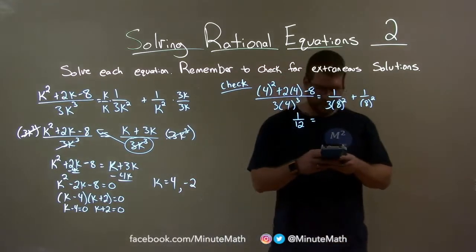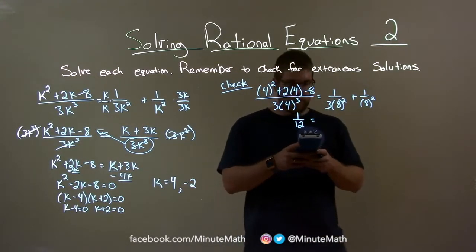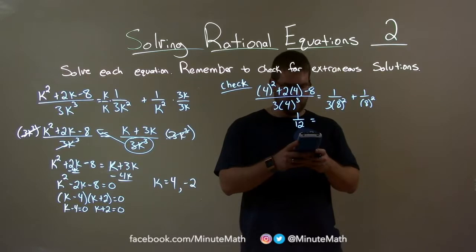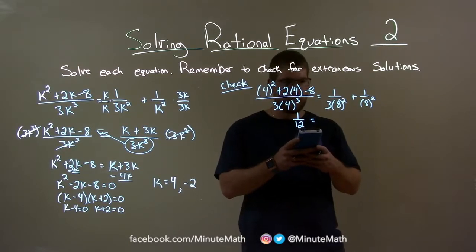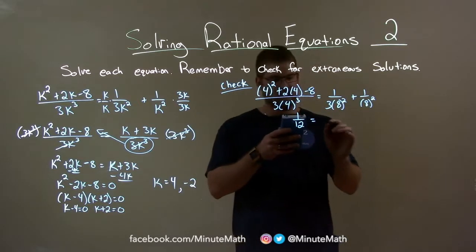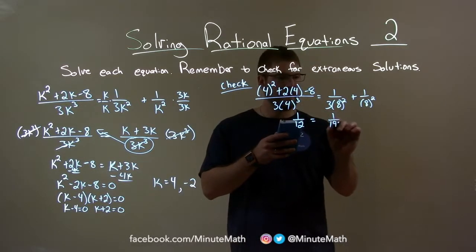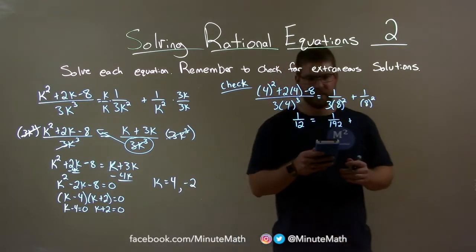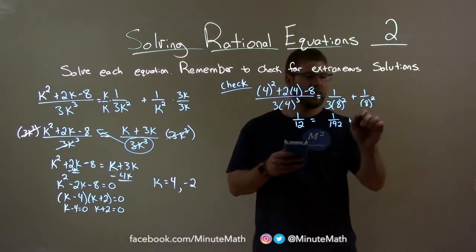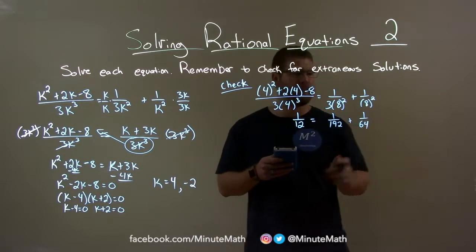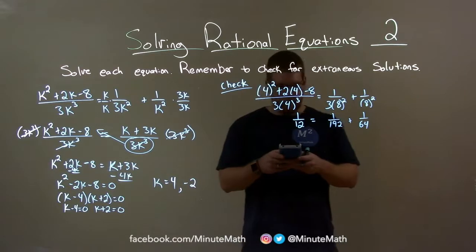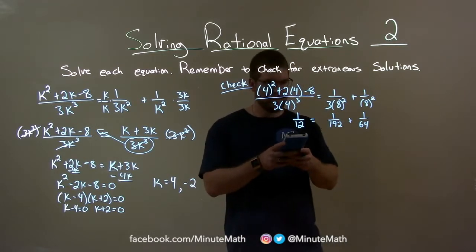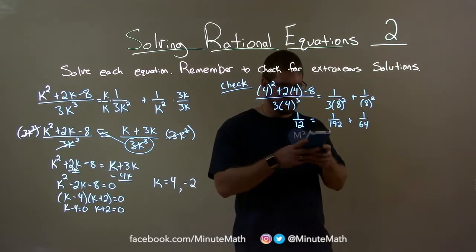Next one, 1 divided by 3 times 8 squared. And that as a fraction is 1 over 192, plus 1 over 64, right? 8 squared is 64. We add that together with 1 over 192.